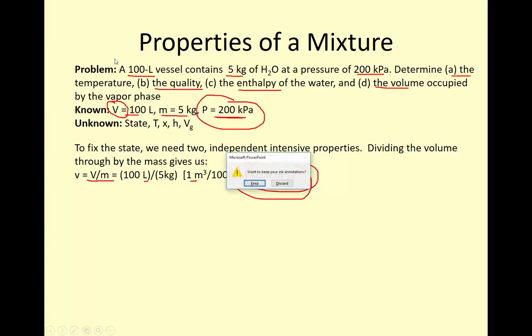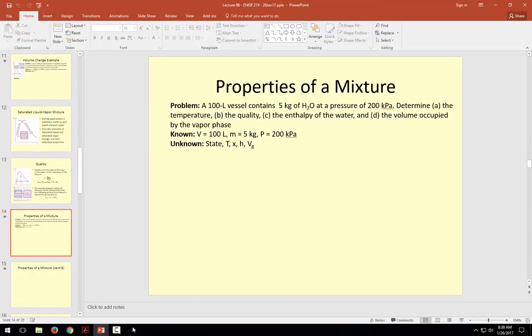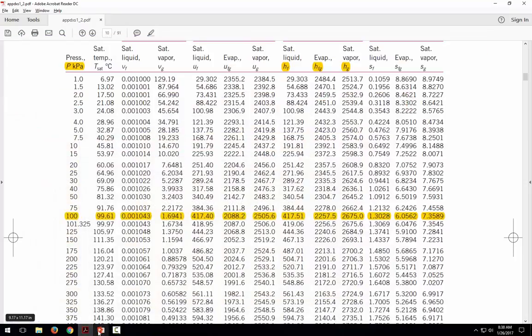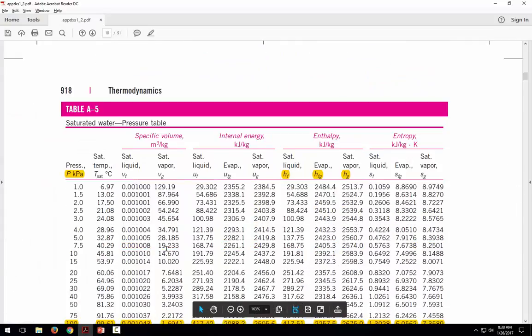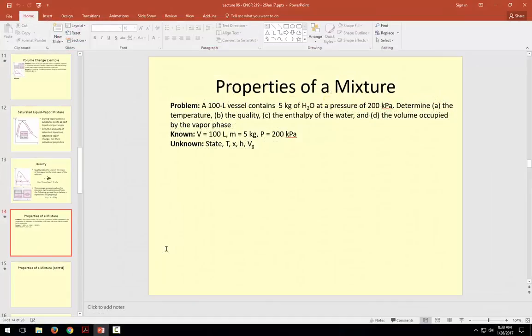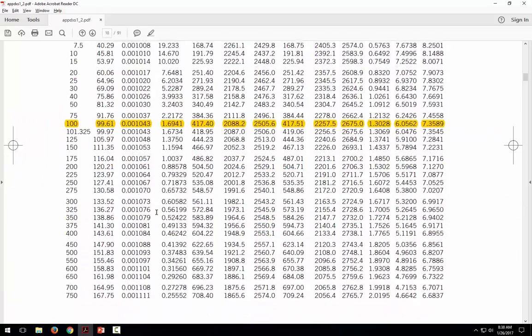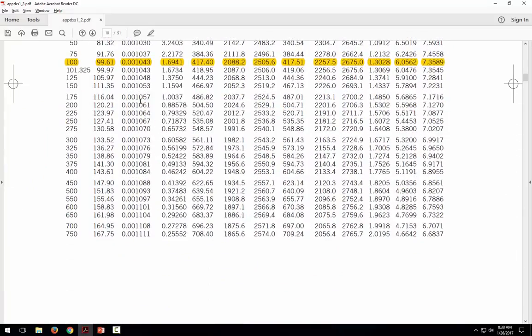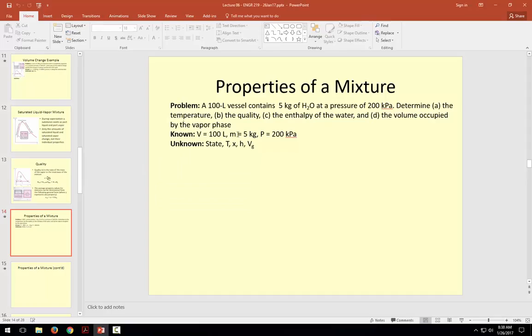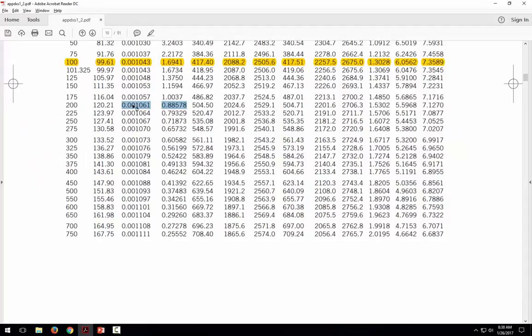We can go to our property tables and look up, at this pressure of 200 kilopascals, the specific volume. So if we look at the values for specific volume here, v sub f and v sub g, we calculated the specific volume to be 0.02, which lies in between these 2 values.